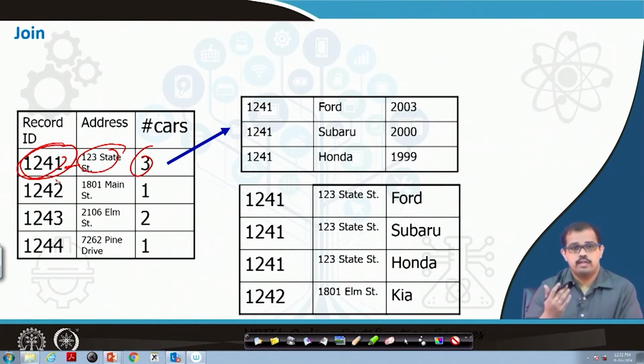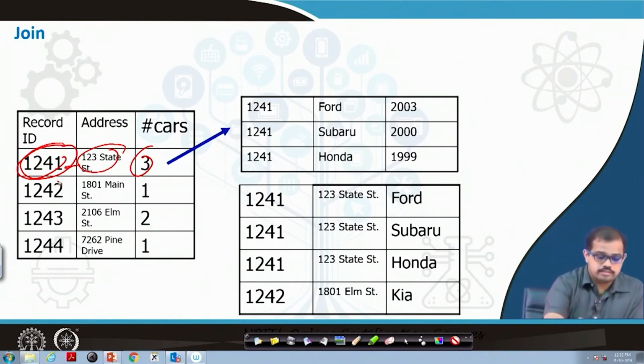A person with record 1243 has 2 cars, whereas a person with record 1244 has 1 car. Each of these records has different cars, but the very important point is that this is represented as a geographical quantity, which means each of them has an address that represents a geographical unit on the Earth's surface. So this is the record, this is the address, and this is the car.